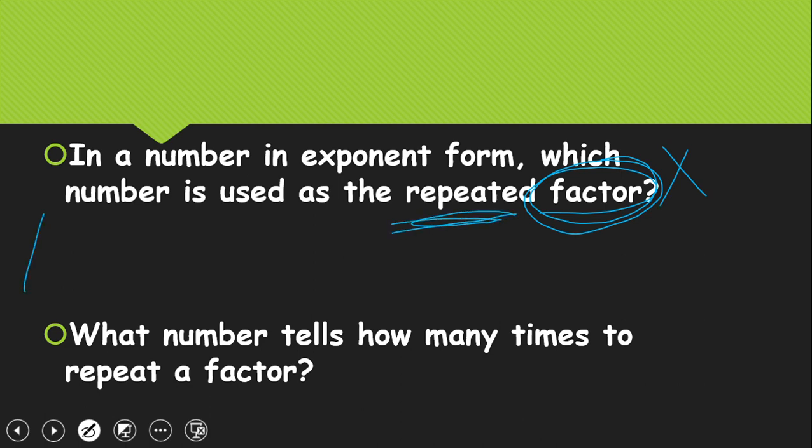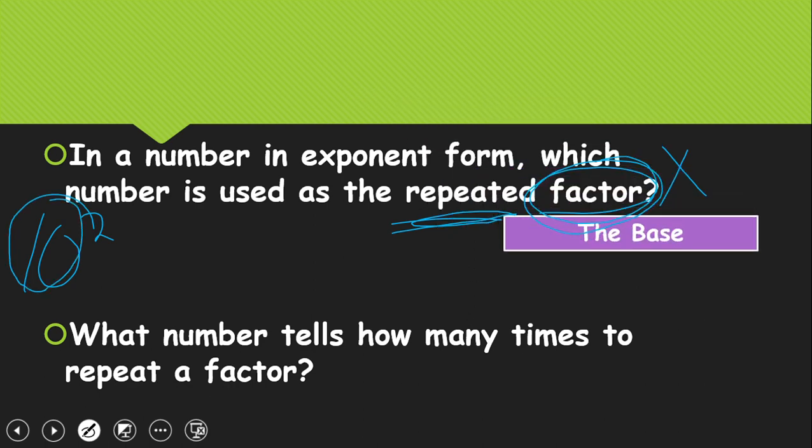Let's say we have the example of 10 to the second. Which number is being repeated? Good, you should have said 10, which is known as the base. Good job. Okay, so then what number tells us how many times to repeat the factor or to repeat the base? Good, you should have said the 2 or the exponent.